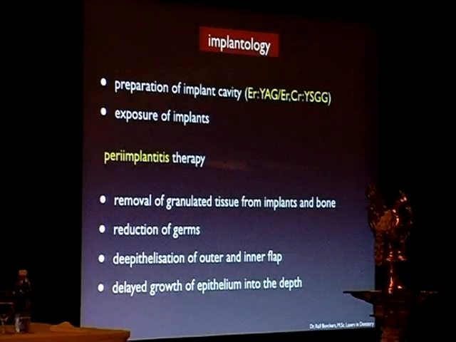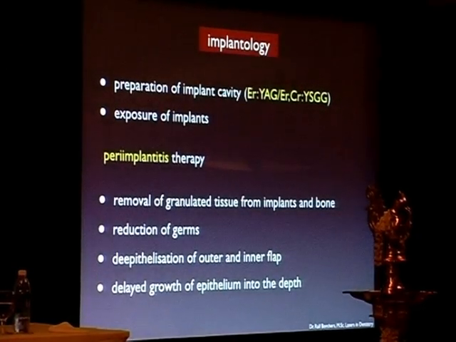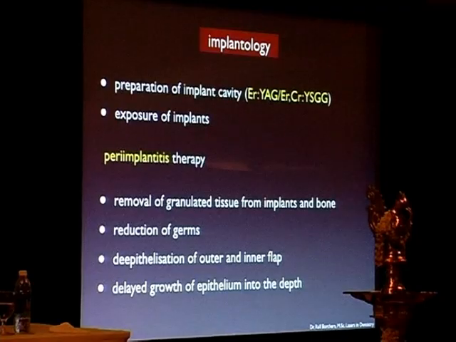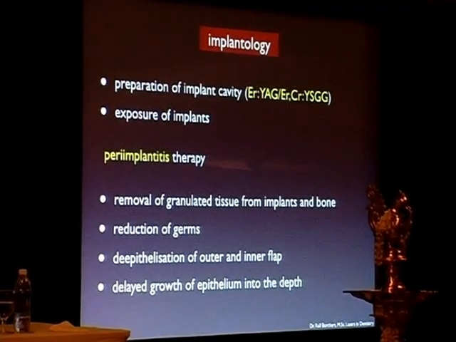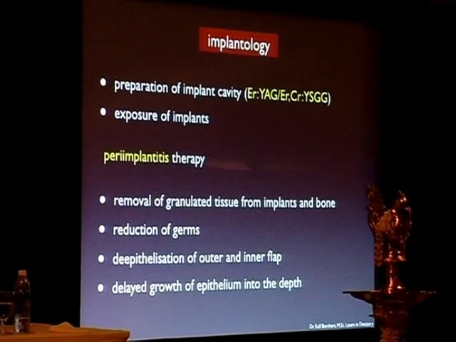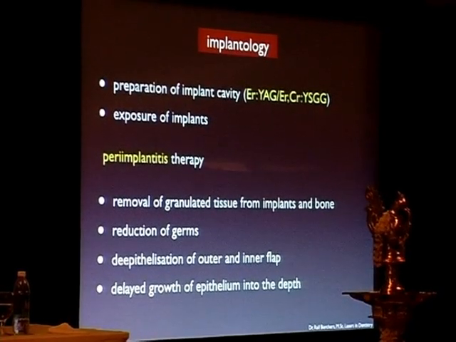In implantology, you can use for preparation of an implant cavity, Dr. Suchetan said it already, the erbium-YAG and erbium chromium YSGG laser. For exposure of implants and peri-implantitis therapy, you can use diode lasers and erbium chromium YSGG lasers.